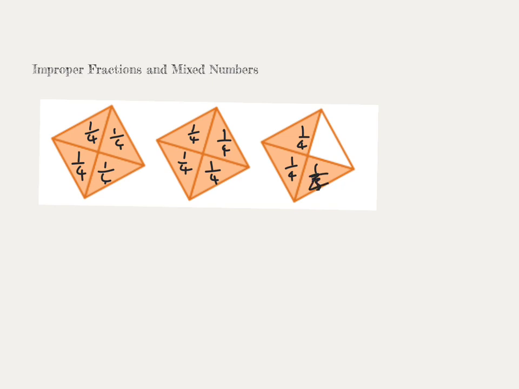I can say, and we can just see, I've got two whole shapes here, one whole, two wholes, and in this shape I have 3 quarters. So 2 and 3 quarters, or I can add all the individual quarters up. 1, 2, 3, 4, 5, 6, 7, 8, 9, 10, 11. I have 11 quarters.